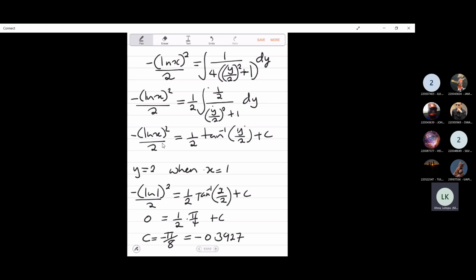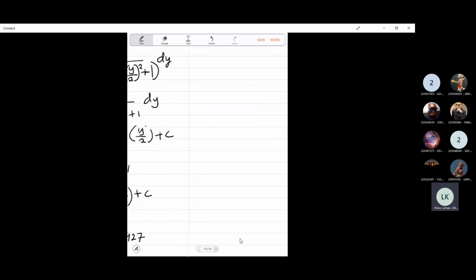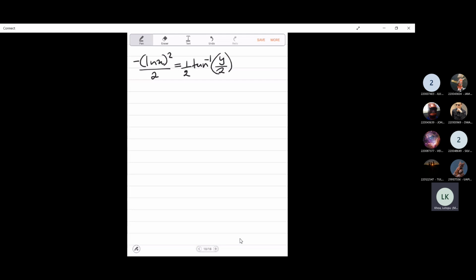Again, this is the general solution, and when I substitute the value of my C, then I have the particular solution. So my particular solution is minus ln of x squared over 2 is equal to a half tan inverse of y over 2 minus 0.3927. That is my particular solution.